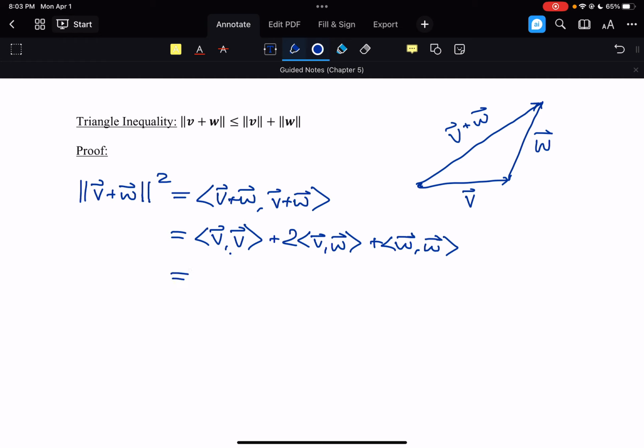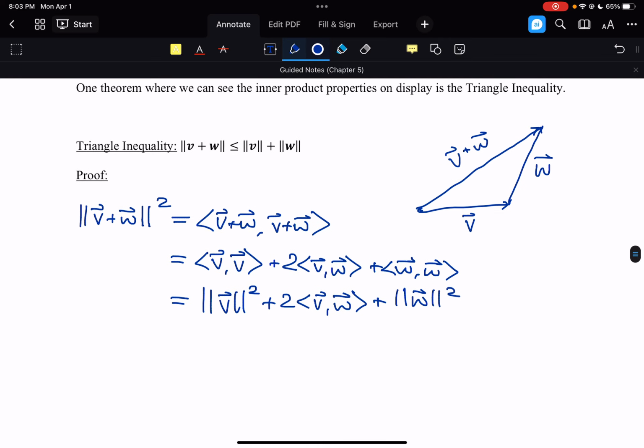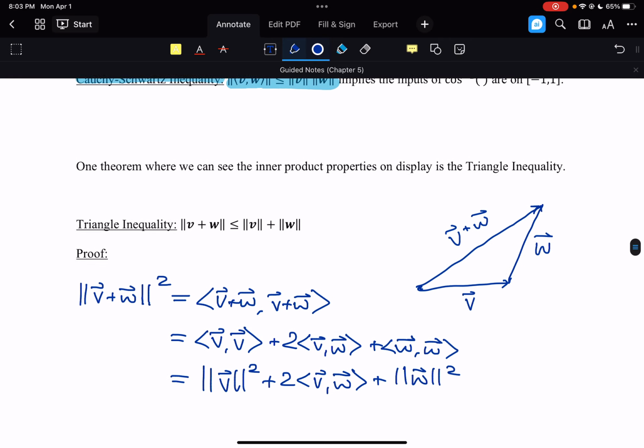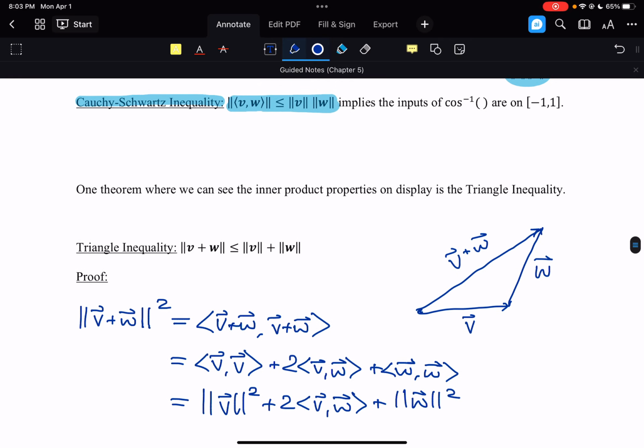The first and last one, inner product of a vector with itself, that's just the length of that vector squared. And the vector VW in the middle there, the reason that we get an inequality showing up in this property, this is where we can actually use something like the Cauchy-Schwarz inequality.